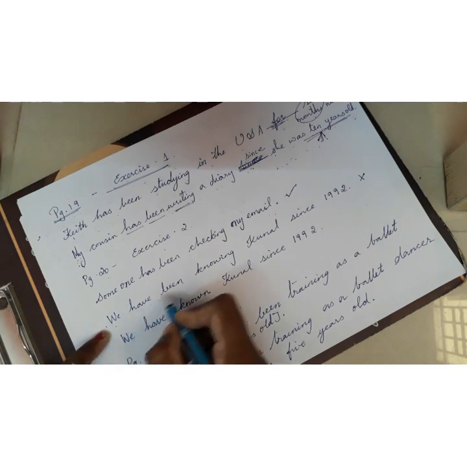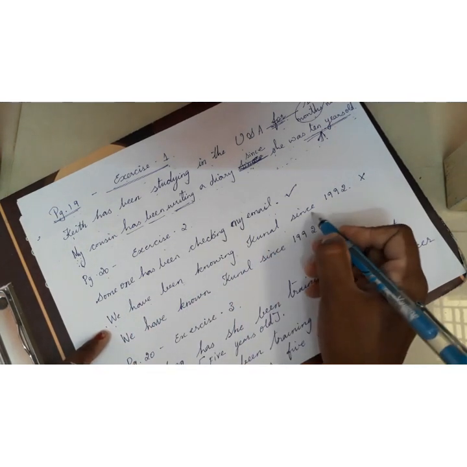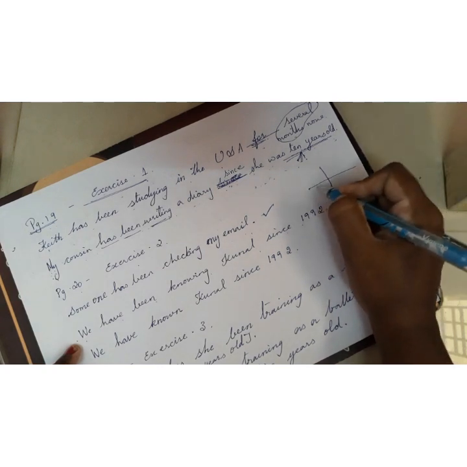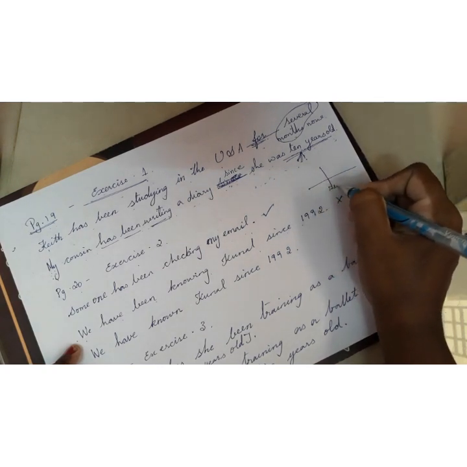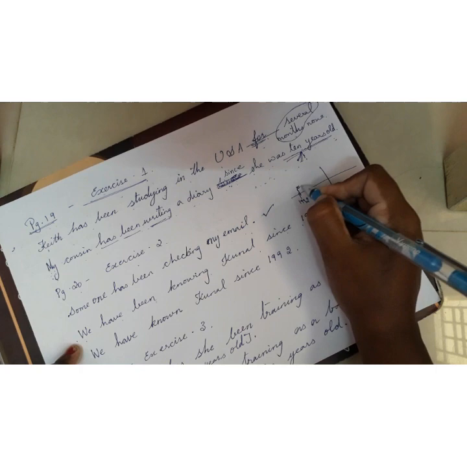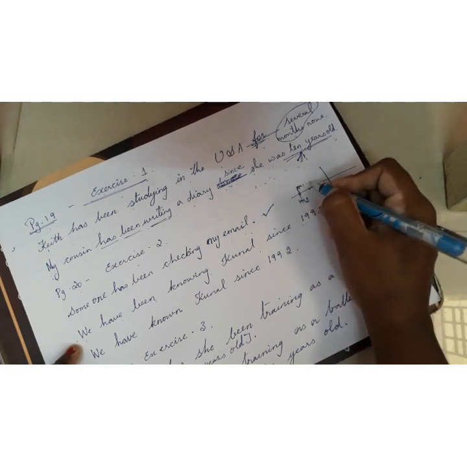See, "We have been knowing Gunal since 1992." See, this is our timeline now, right? This is 2020, and 1992 is your past. Right, from 1992 upwards we know a person, right?